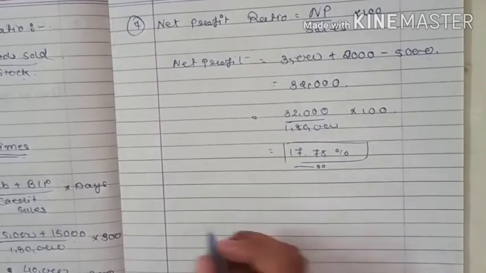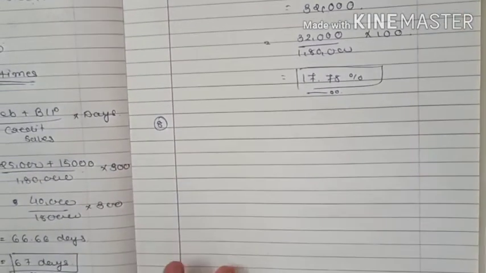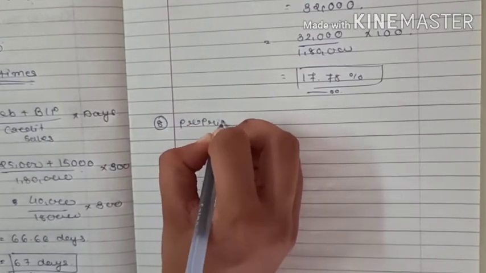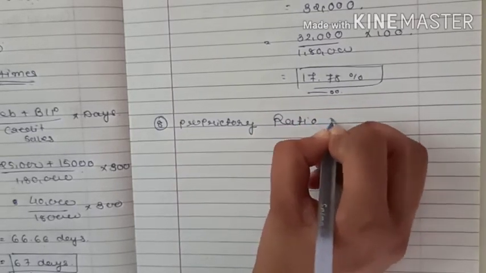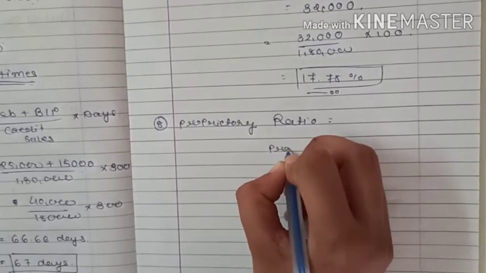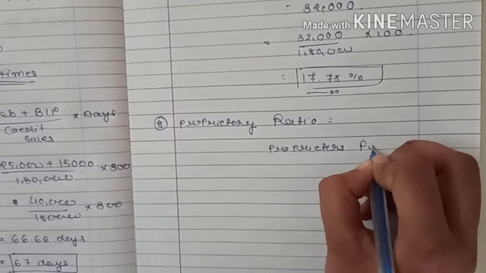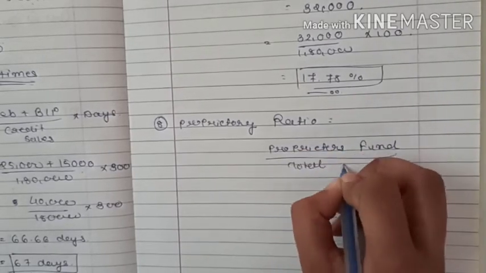Right? And the last, 8th, proprietary ratio. Proprietary ratio is equal to proprietor's fund divided by total assets.